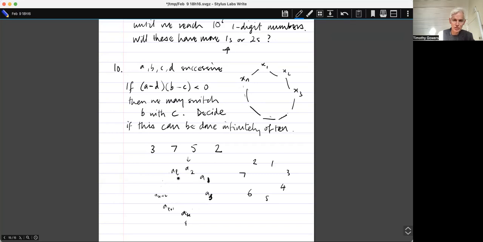What about over this side? A1, A2. So if AL minus 1, that was if AL was bigger than A3, so also AL is bigger than A2. So if AL minus 1 is smaller than A1, but it's not smaller than A1. So we don't have much room to make changes around here.